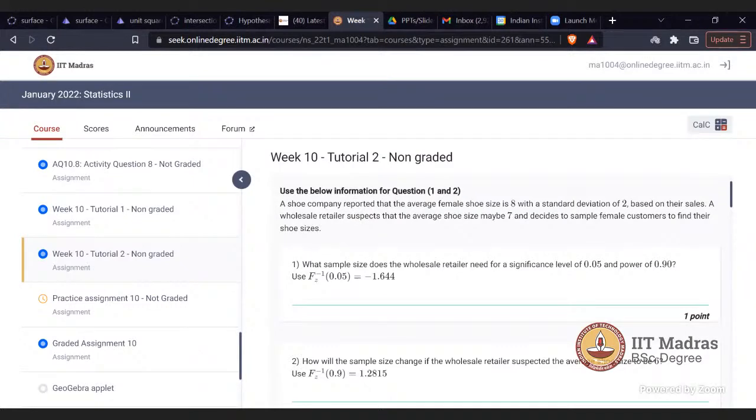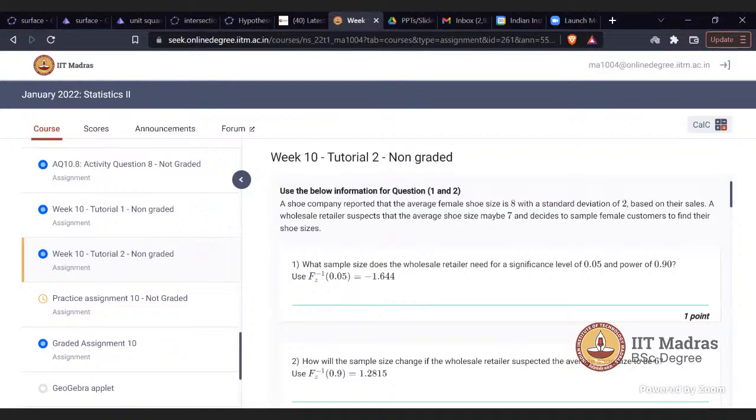Here, power is given. Power is 1 minus beta. Power is given as 0.90. So power we define as 1 minus beta, and beta is the type 2 error. How do you define power? Power is defined as: given the alternative hypothesis is true, you still reject the null hypothesis.